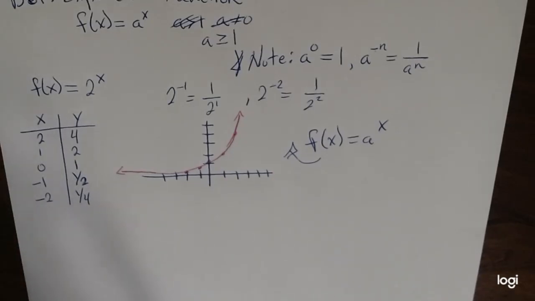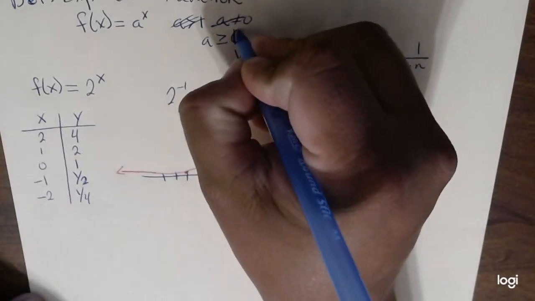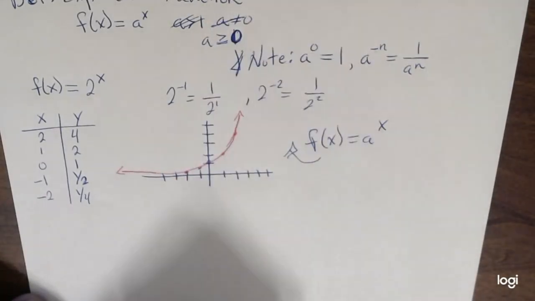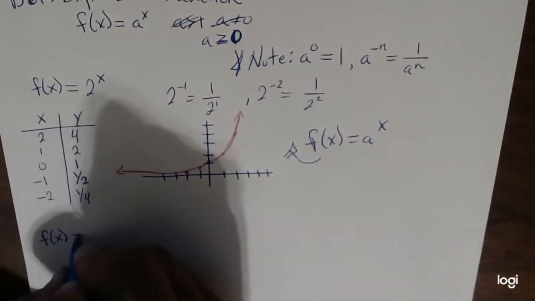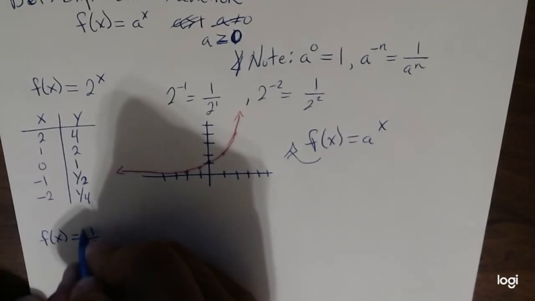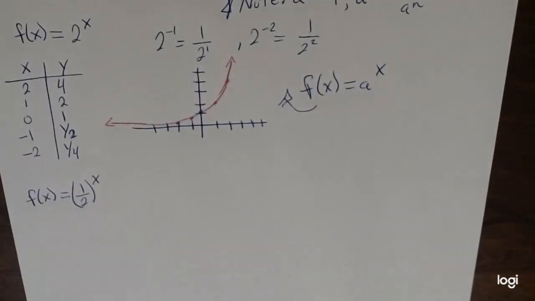Now we want to figure out what happens if a is smaller than 1. I said it has to be bigger than 0, so let's make it bigger than 0 instead of 1. What if I have f of x equals 1/2 to the x power?